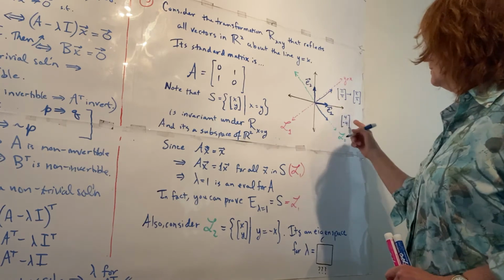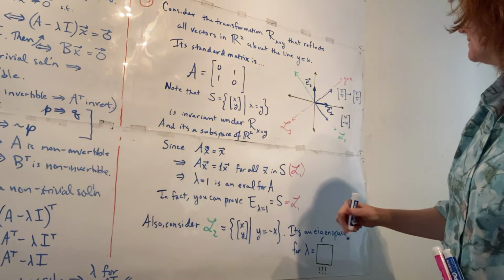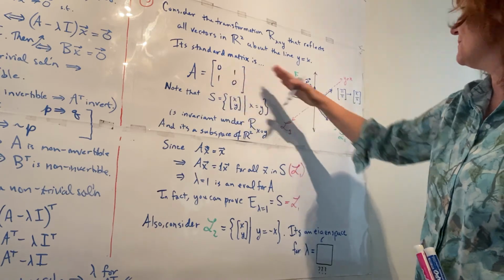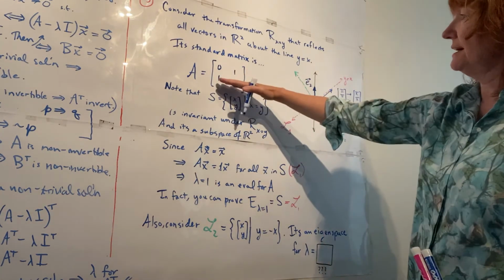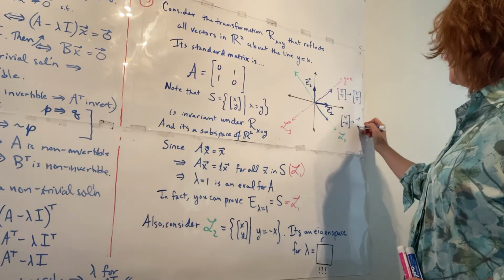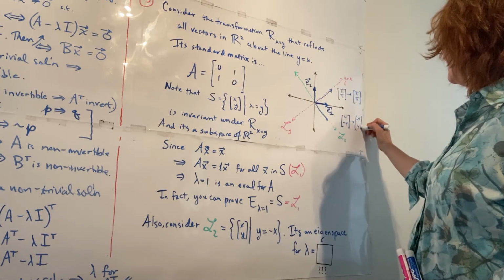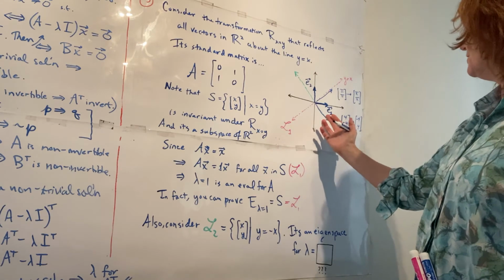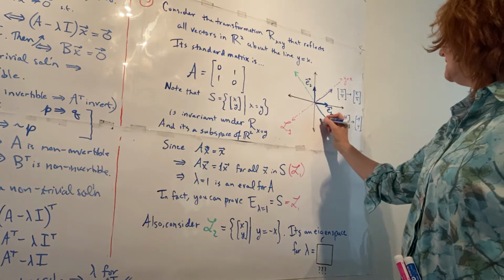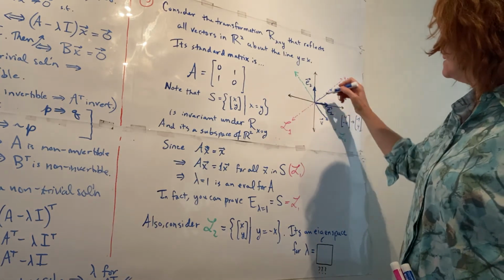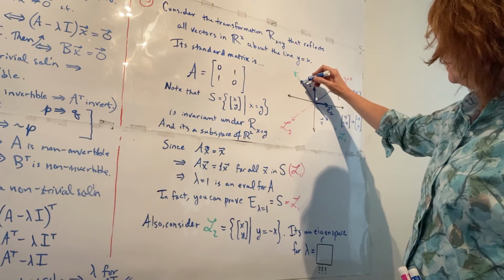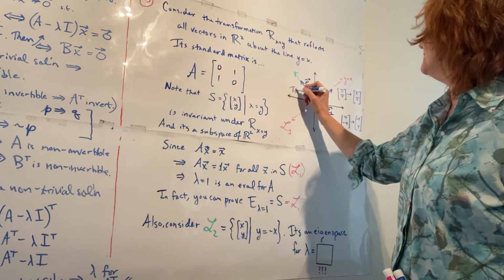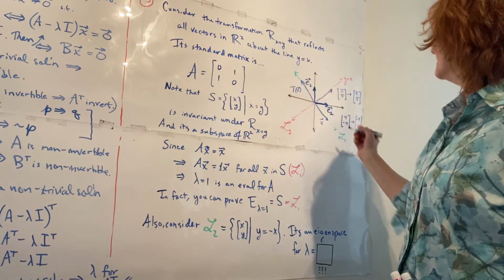What's going to happen if you multiply it by this matrix? Well, that first row is going to pick up the -4. That second row is going to pick up the 4. Where's that? So the image of this vector v, T of v, is sitting right up there.